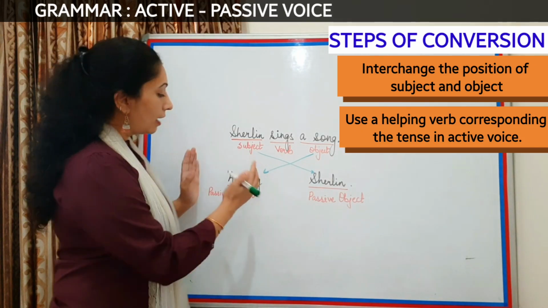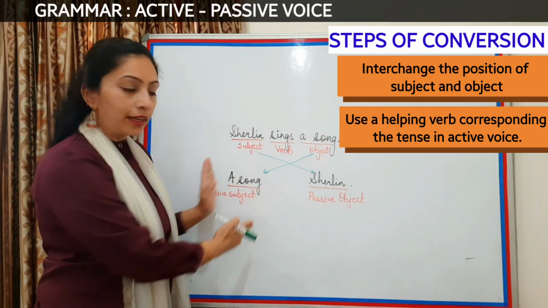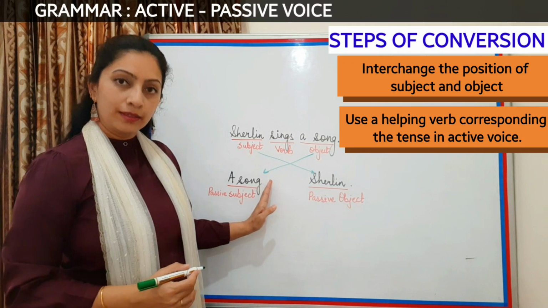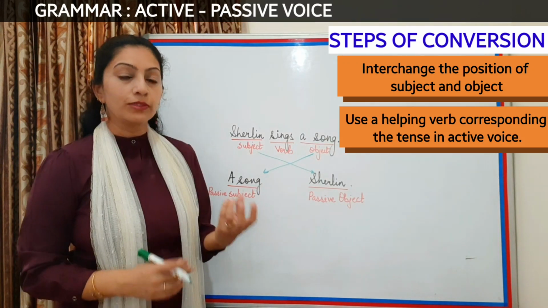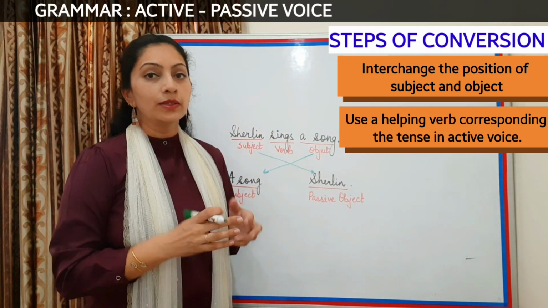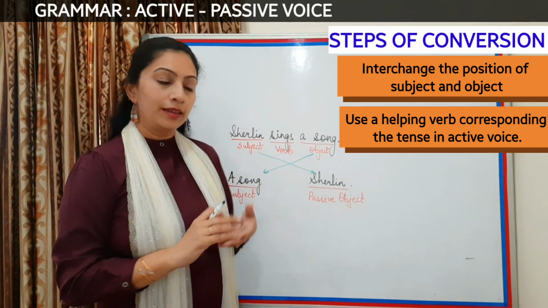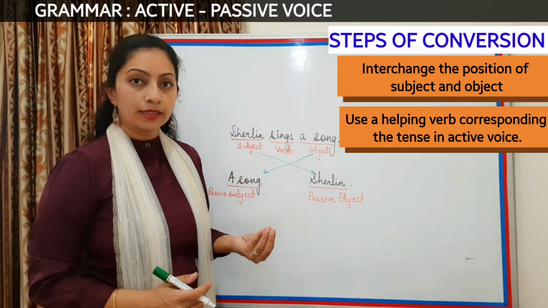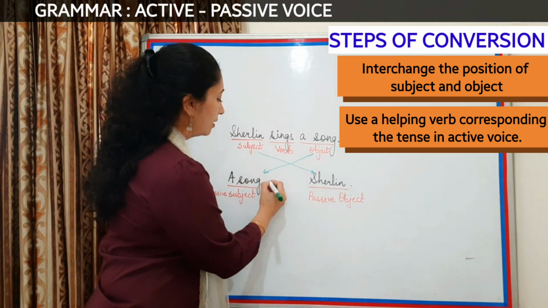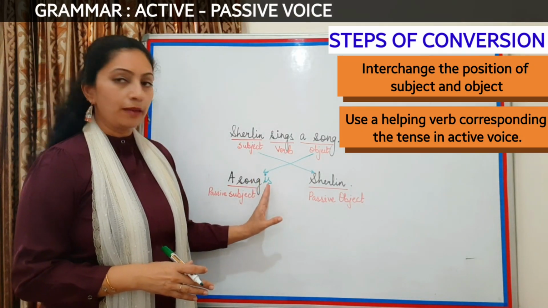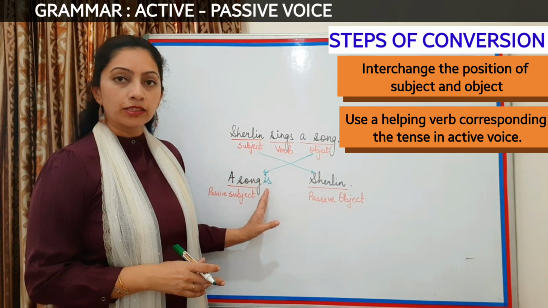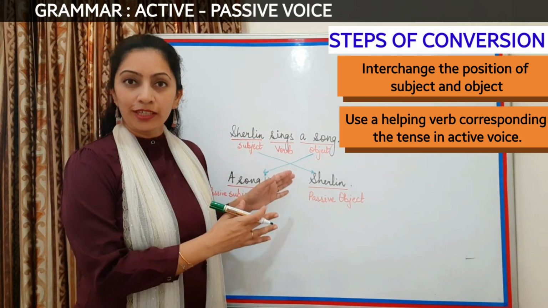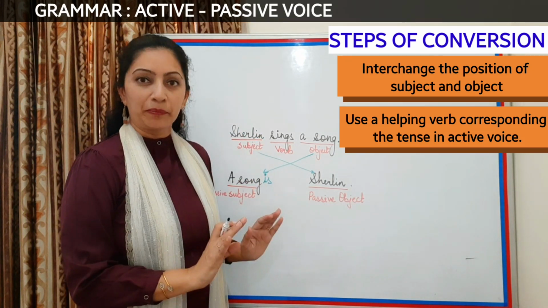But then again I have to look at the subject and accordingly use the form of the helping verb, which means I can use either is or am or are. Now if I look at the subject, a song, it's a singular subject. So I will write here is. Now when I use this helping verb in the same tense as the active voice, the tense will not change. It will remain the same.